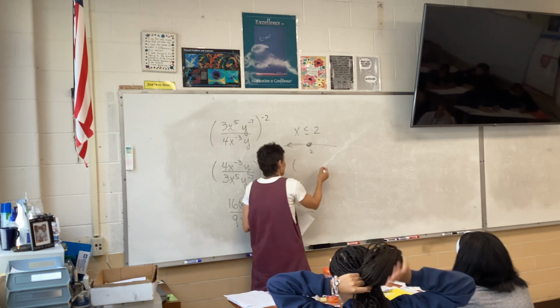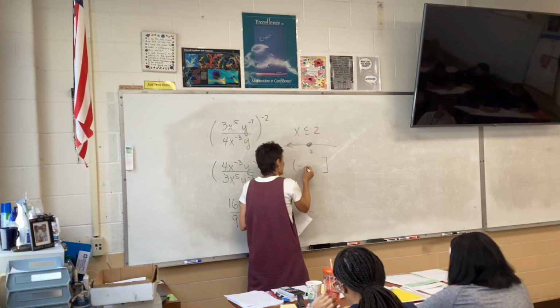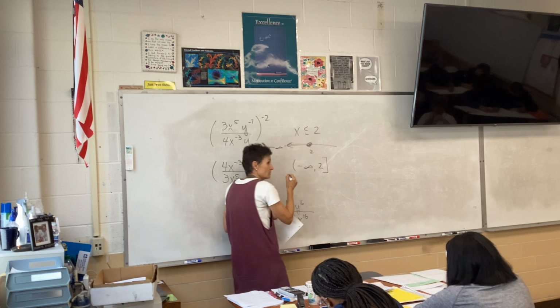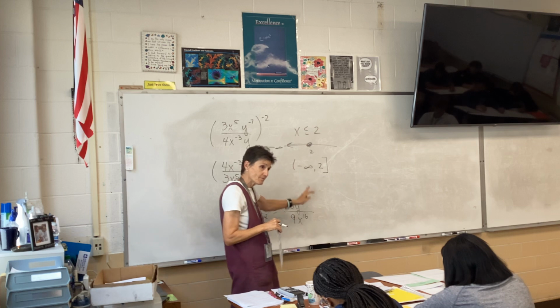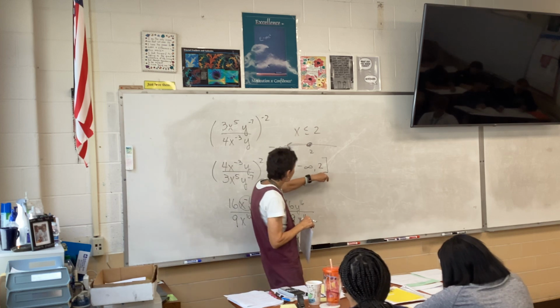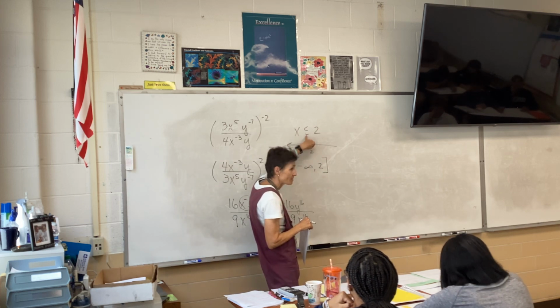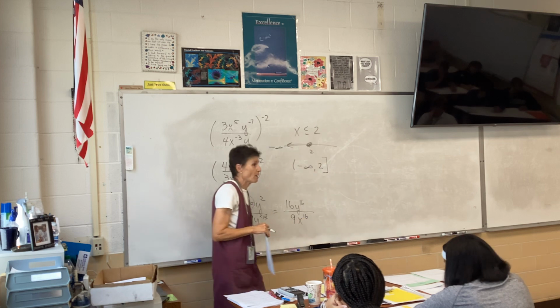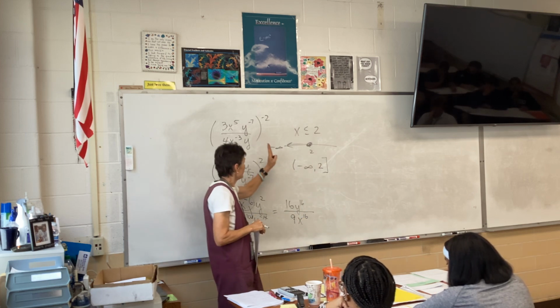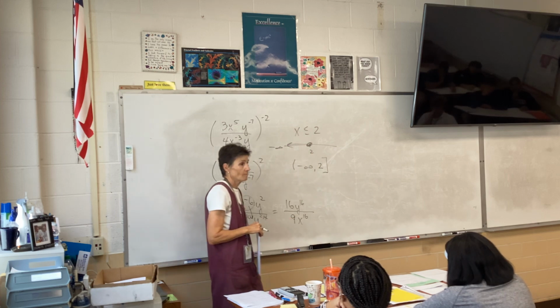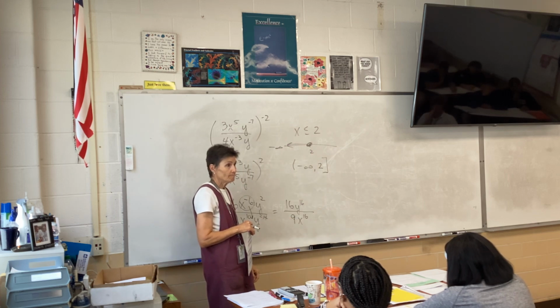So my interval will be negative infinity, 2. Infinities always have the parentheses, and that dot's colored in because of the or equal to, so that's a bracket. They gotta be in that order. Got it?